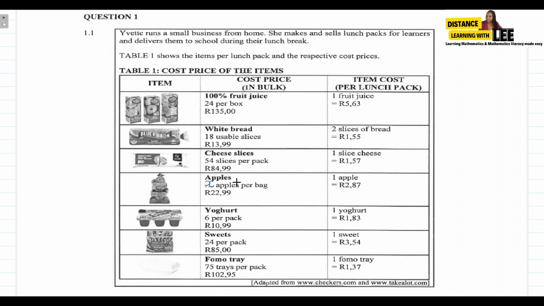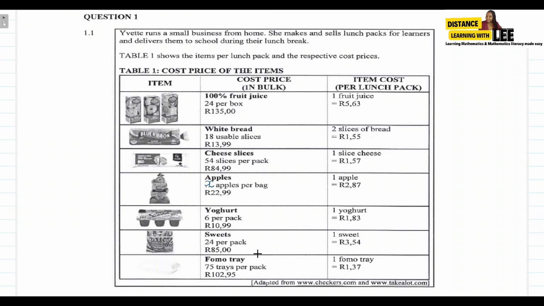She buys apples, and we don't know how many apples are in this bag. We still need to calculate that, so I've put the X there. She buys this bag of apples for 22.99 rand. She also buys yogurts, and each pack of yogurts has 6 yogurts, which she buys for 10.99.